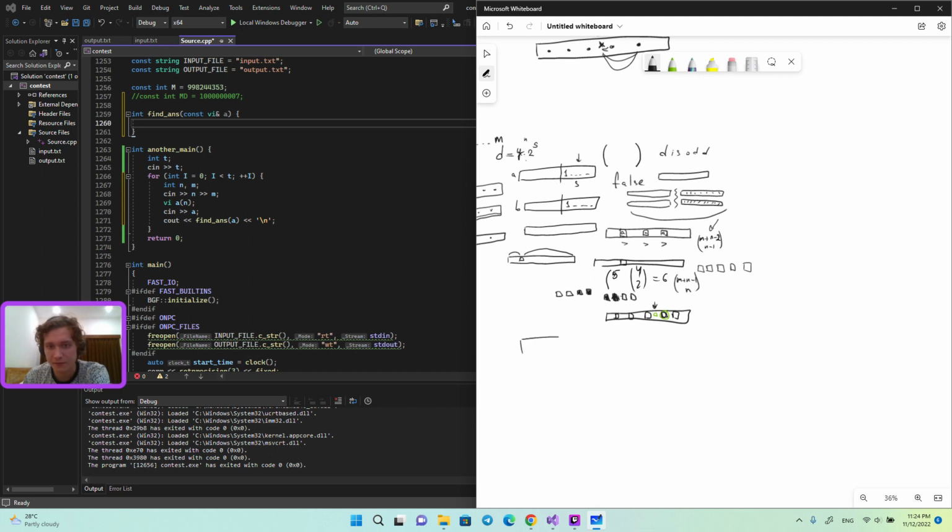Maybe we can do it without a segment tree. So I find a maximum in a subarray. Then I solve the problem for these 2 segments. Then I compose the answer.